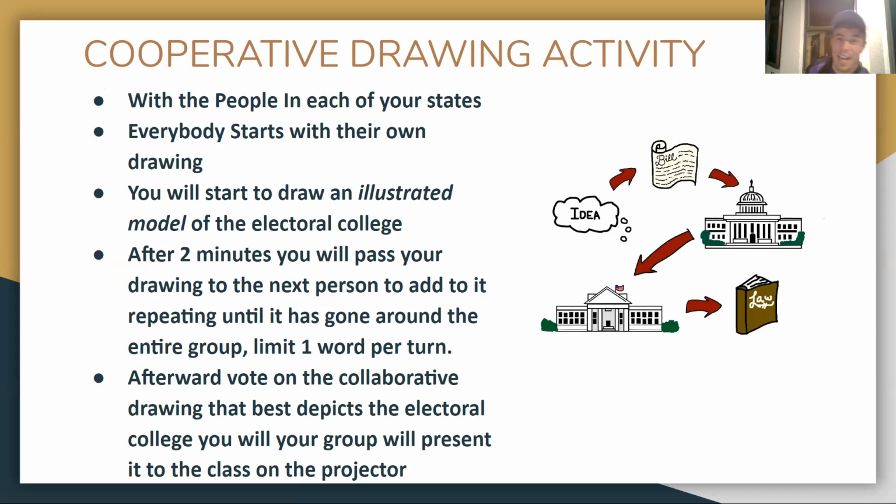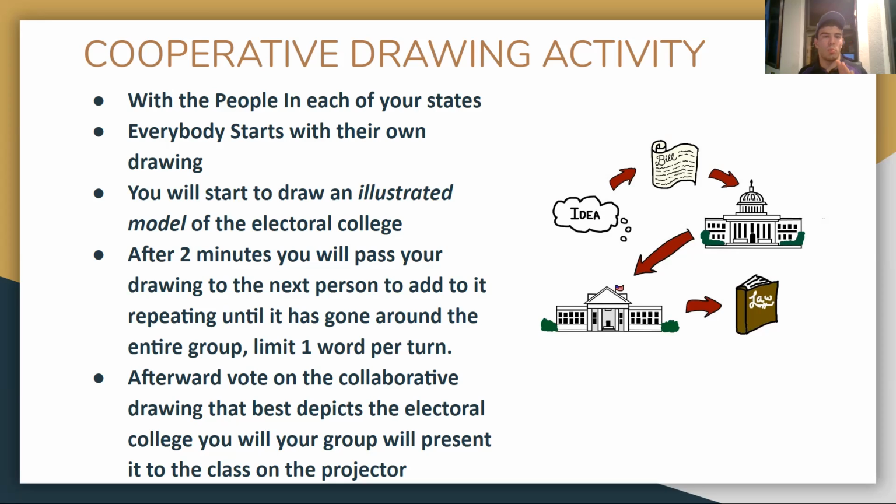your activity now for the end of class is the cooperative drawing activity. So with the people in your states, the groups that you voted with, I want everybody to start their own drawing on the large piece of paper I got you out today with the variety of felt markers. Now you will start to draw an illustrated model of the Electoral College.